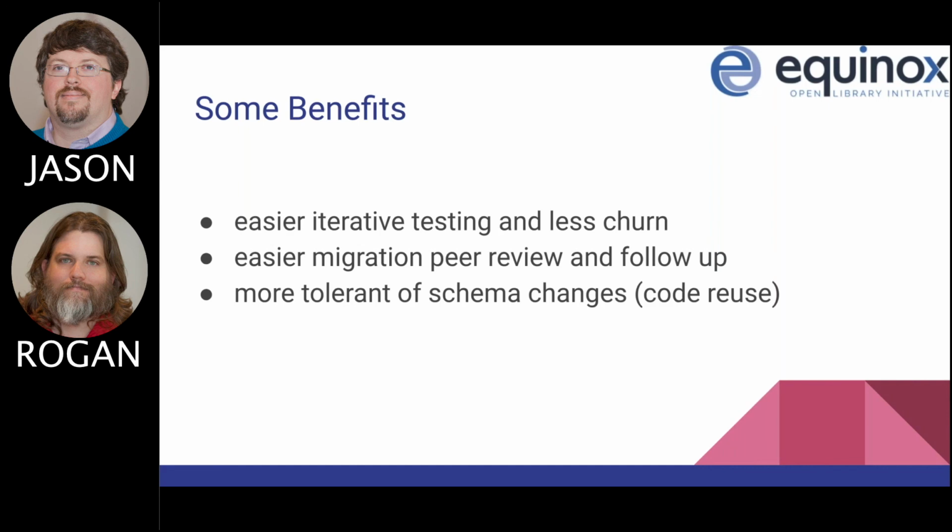We don't want constant change on database tables that's not needed. But at the same time, we want to be able to change data frequently. We also want easy migration peer review and follow-up. And we need to be tolerant of schema changes. And we want to be able to reuse code, and it allows that. For the same reasons, it makes it easy to do peer review and that kind of stuff.